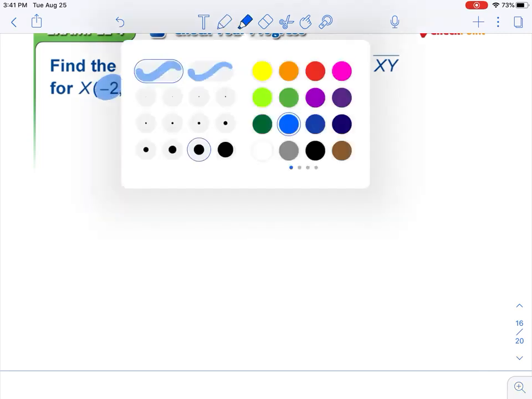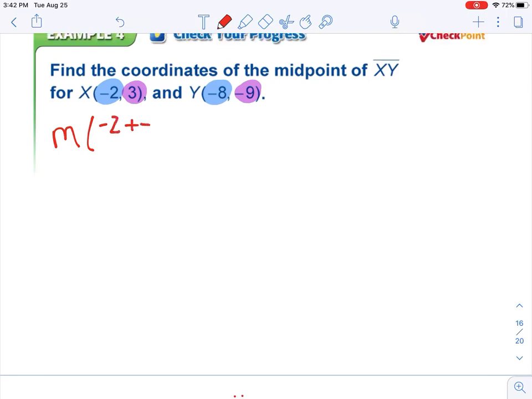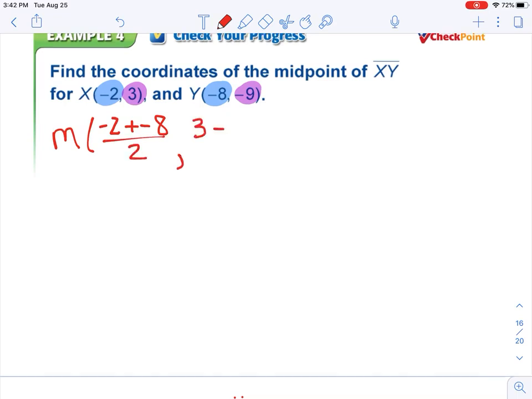Find the average of our x values. Find the average of our y values. And they didn't name our midpoint, so I'm just going to name it M again. So we're finding the average of our x values, negative 2 and negative 8, and our y values, 3 and negative 9.